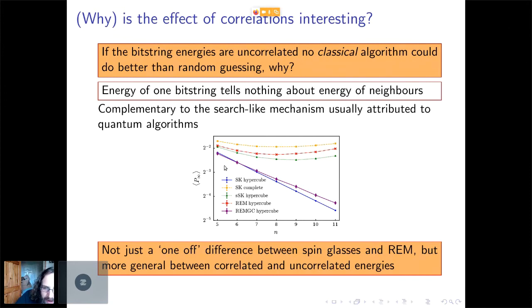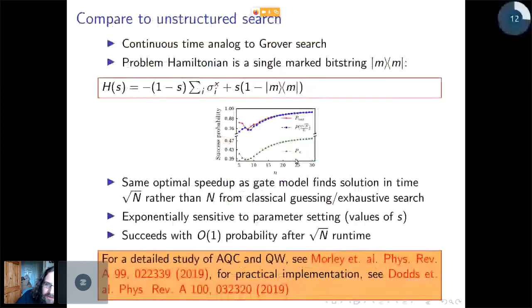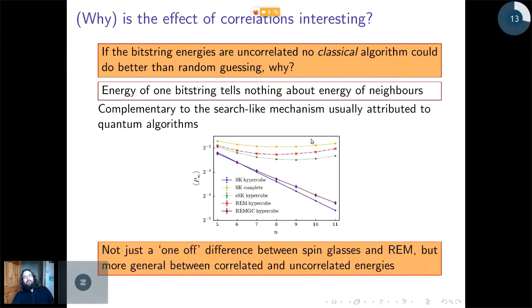All of these things, you end up with a success probability that scales close to 1, but a runtime that scales to be exponentially long. And for the two structured problems, this REMGC is where we just took the random energy model and forced the energies to be structured. They sort of go down.